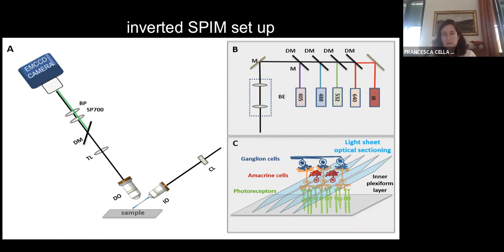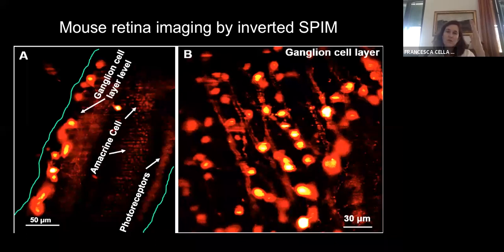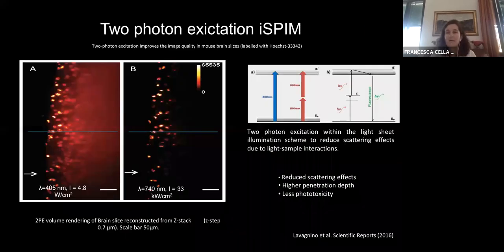In this case, we can still maintain the morphology of the sample, and we can look at the three layers, like the ganglion cell layer, and then the amacrine cells and the photoreceptors. So this is important. It's a small change from the optical point of view, having the inverted configuration, but it really opens the possibility to image a wide range of samples.